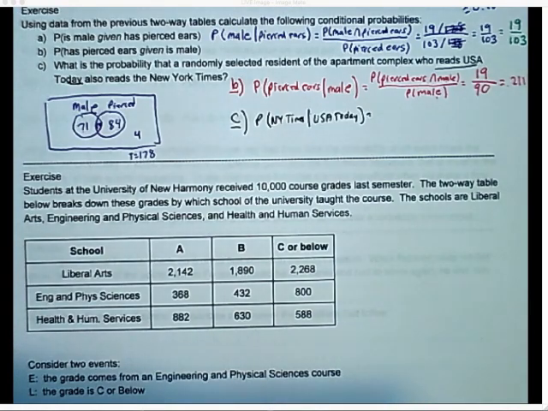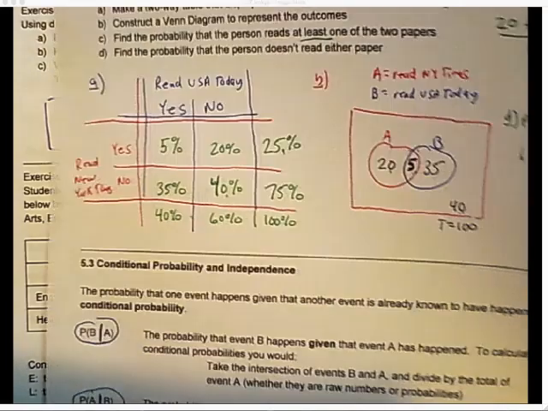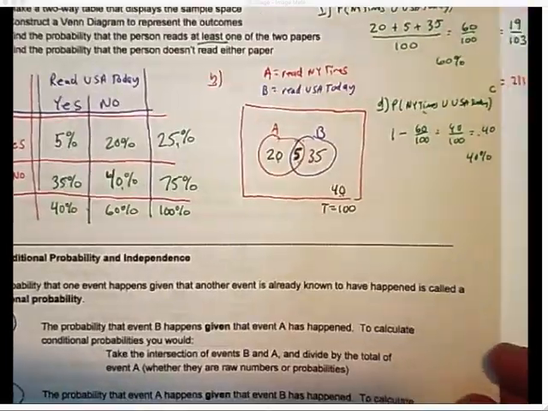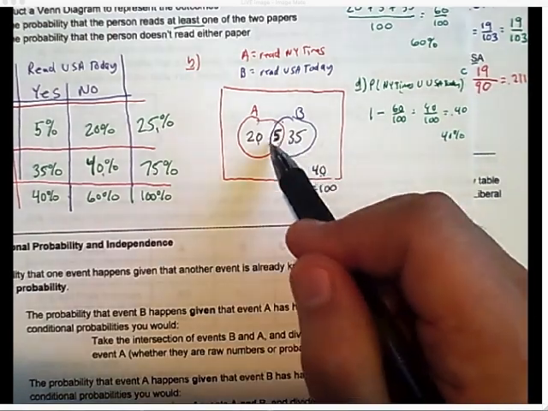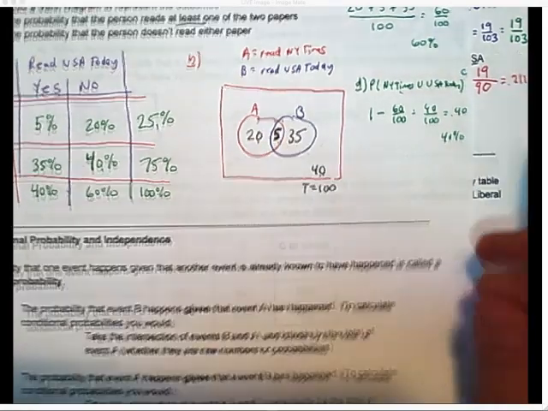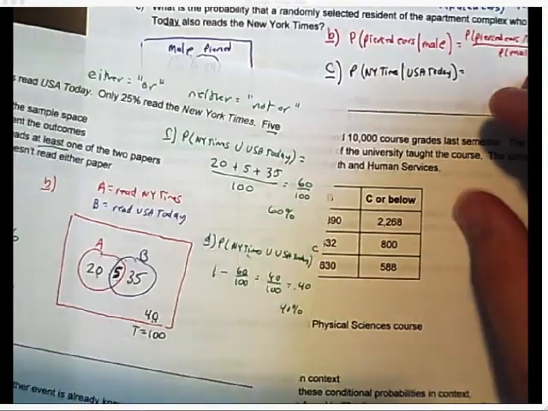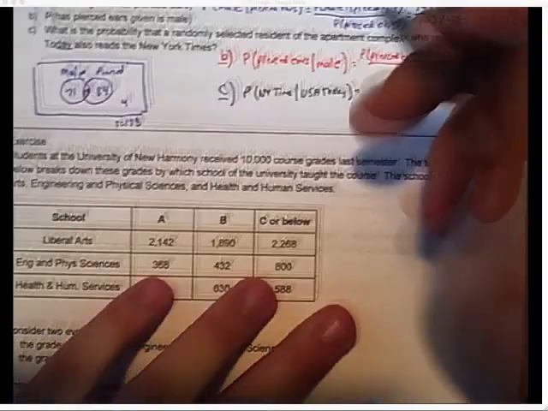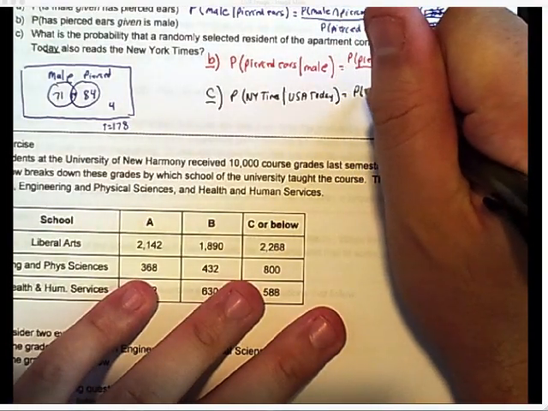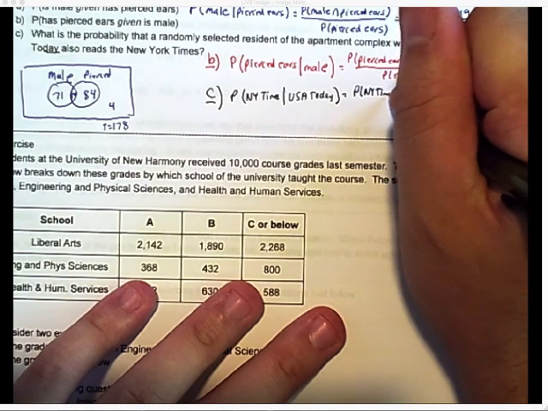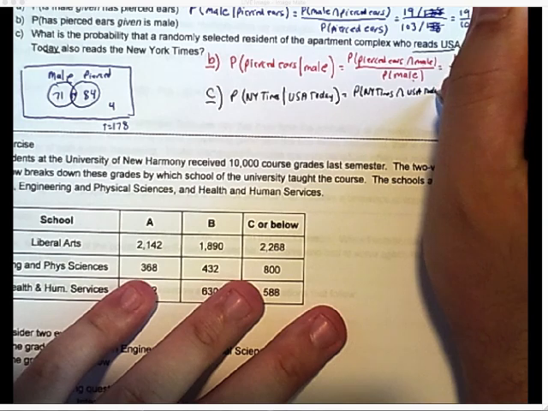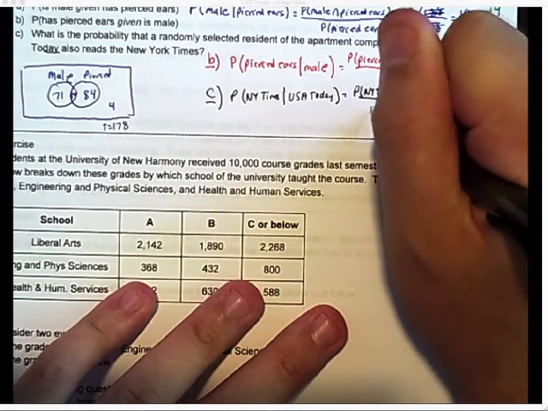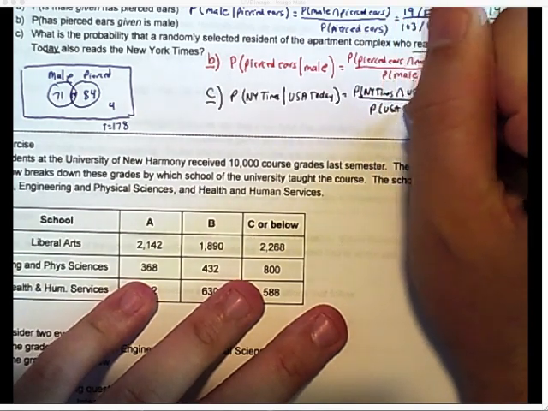So let's look back at that question. If we look at our intersection, we can write this as the formula first: the probability that they read both New York Times and USA Today over the probability that they read USA Today.